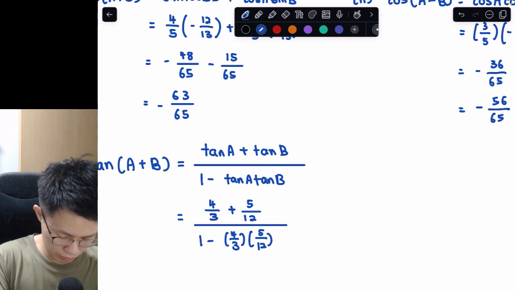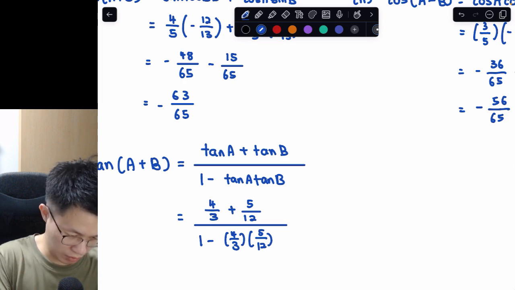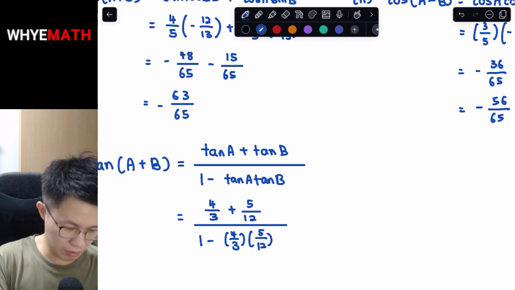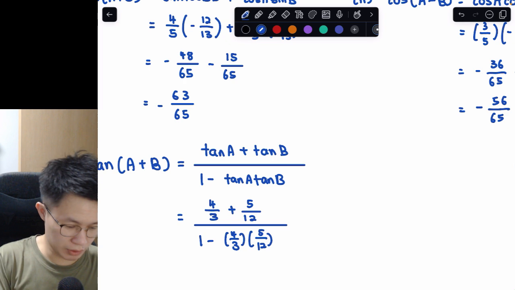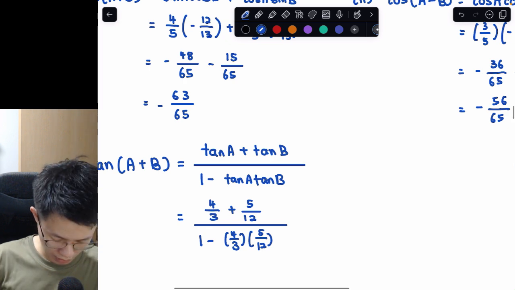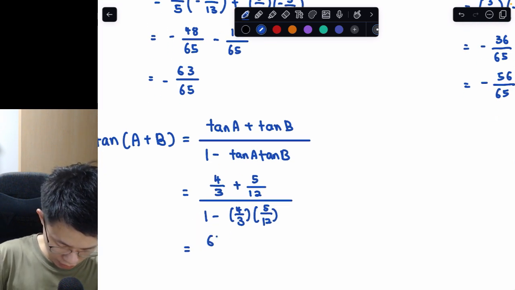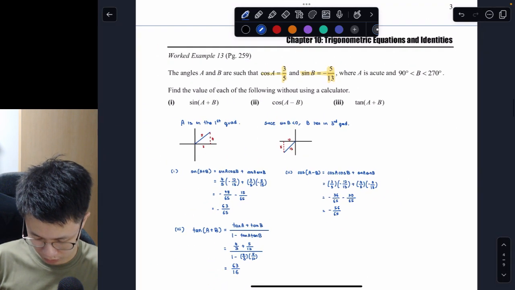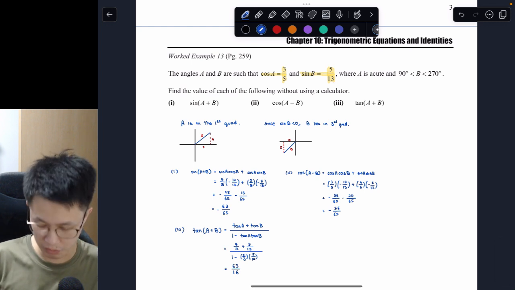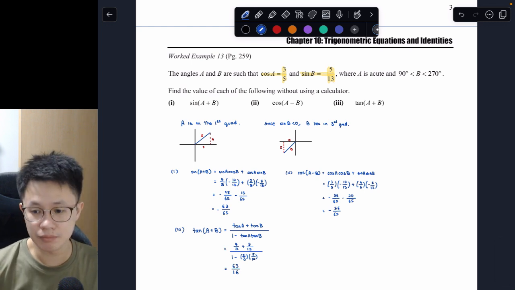If you encounter such questions, just use your calculator, please. Don't bother trying to expand, just do it on your calculator as I'm doing on mine. With this you will get the answer directly, and it is 63 over 16. So that's it for this example on how to apply the addition formula a little bit better. Okay, thank you.